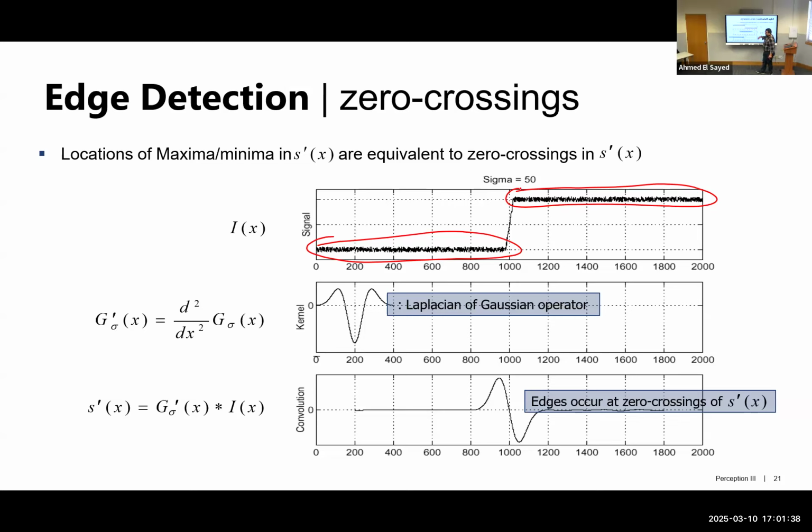Now, another solution that we introduced by that time was calculating the second derivative of a given image, then finding the zero crossing point.